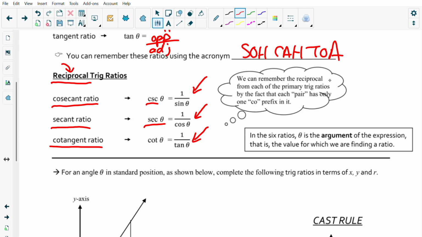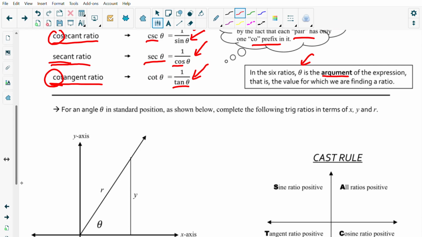We can remember the reciprocal for each primary trig ratio by the fact that each pair has only one co-prefix in it. So cosecant goes with sine, secant goes with cosine, and cotangent goes with tangent. Now you have six ratios to remember. The argument of the expression, that is theta, is the value for which we are finding a ratio.